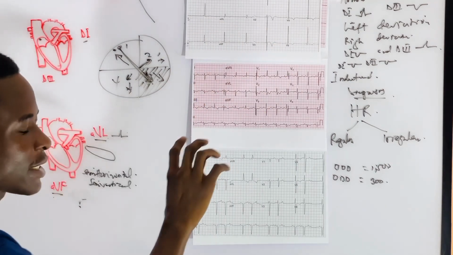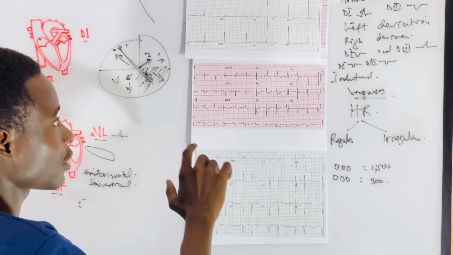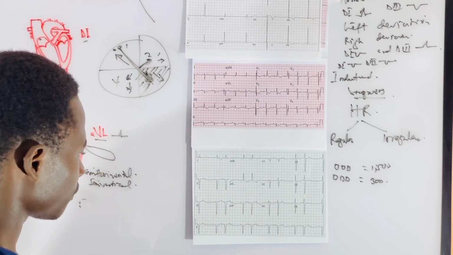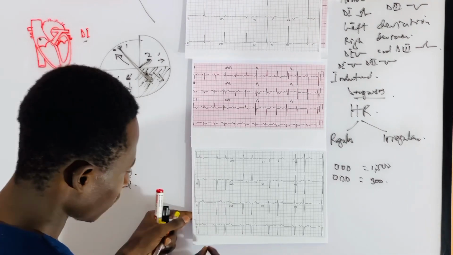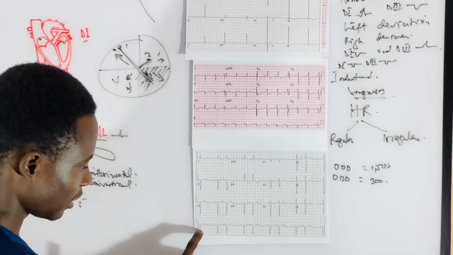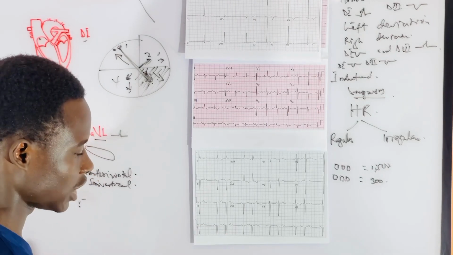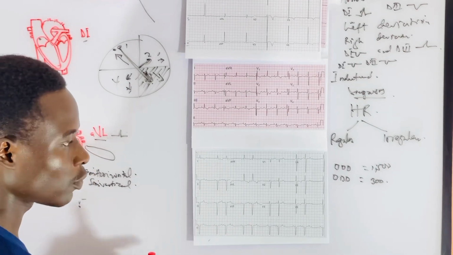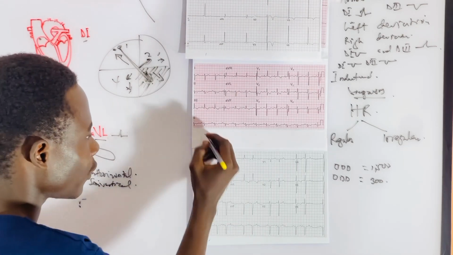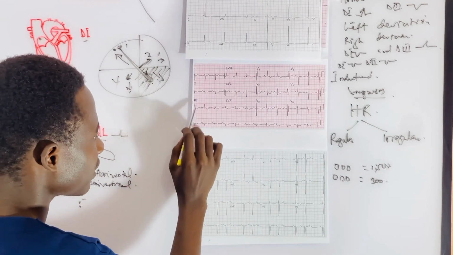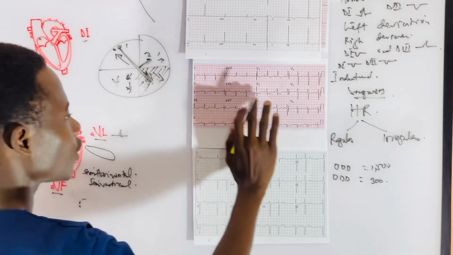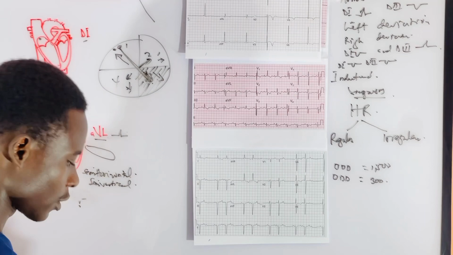There's equidistance. That's what we call regular. Now let's look at the irregular one. Check this one. The distance between this and that are not the same. Here to here and here to here are not the same. So this one is irregular, and this one is regular. Do you understand? And also when you take this one, the distance between this and that and that and that is also the same. So that one too is regular. Do you understand?